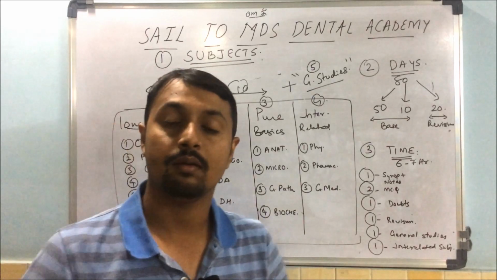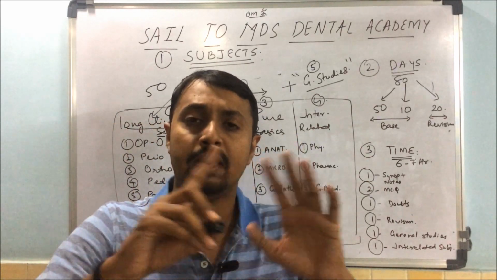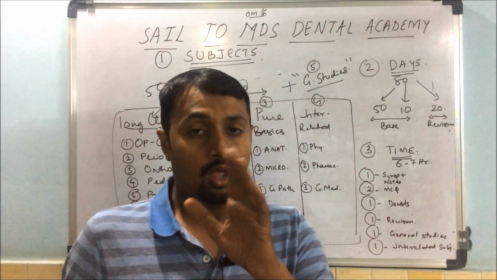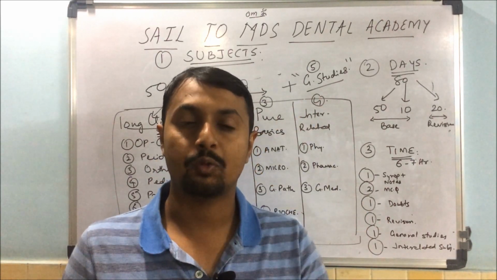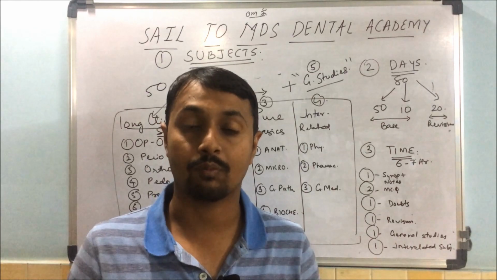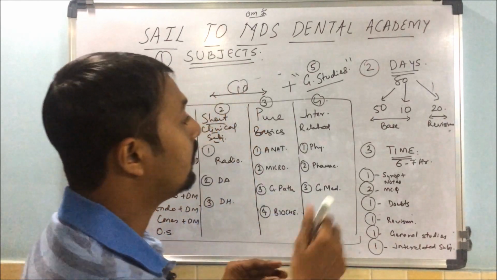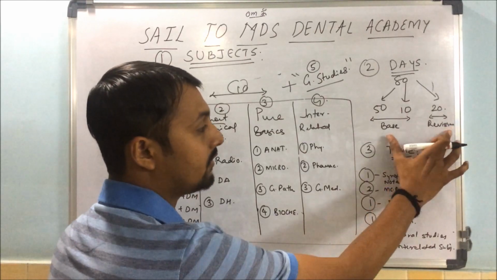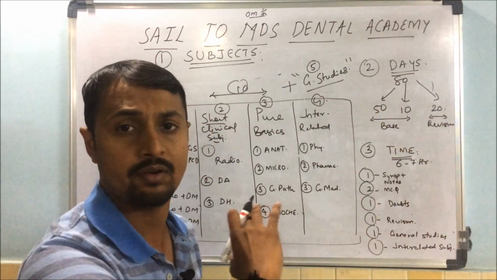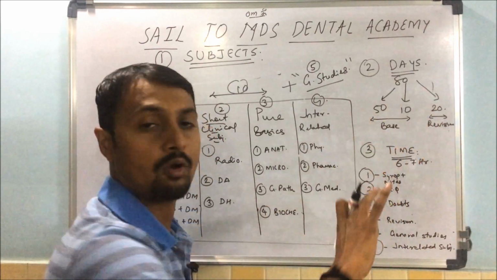I always say make your base preparation, your concept preparation. If you have the proper concept, you can do n number of MCQs from those concepts. So these 10 days will be your base, that is your concept preparation, and 20 is revision. Revision is utmost important. If revision is not done, this thing will be of no use.